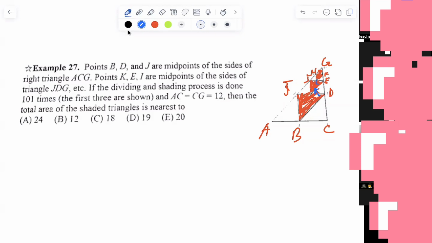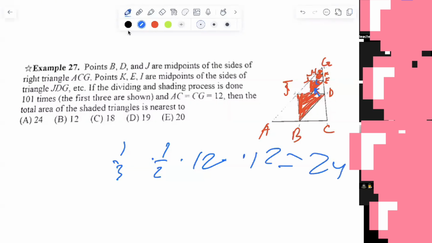So basically, from there, you know that it approaches 1/3 of the area of the triangular region ACG, and this is 1/3 times 1/2 times 12 times 12, which equals 24. So now it gives us the total answer is A.